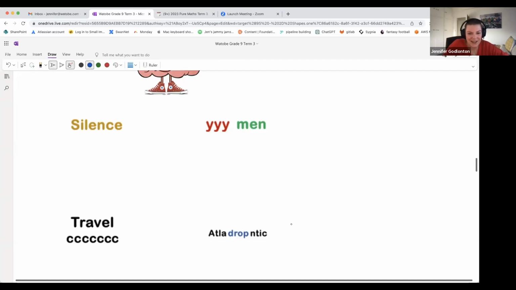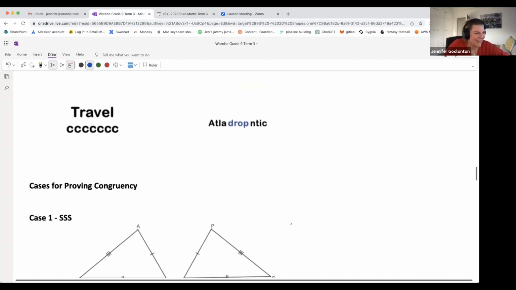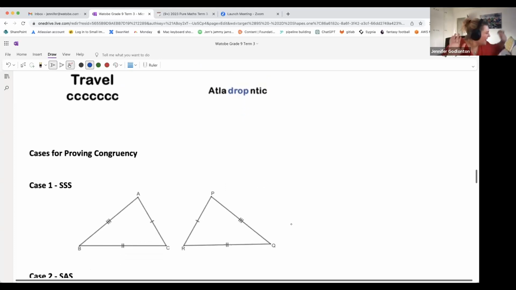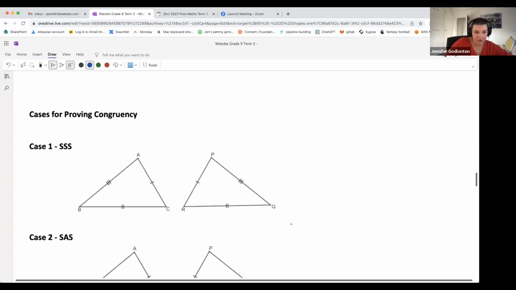Cool. Let's get going. Like a couple of our students were talking about just now, when we say that triangles are congruent to each other, we have to use these things called cases of congruency. So that's what we're going to talk about here. Cases for proving congruency. And there are 4 cases that we have to look at. I'm just going to write them as a quick summary over here.